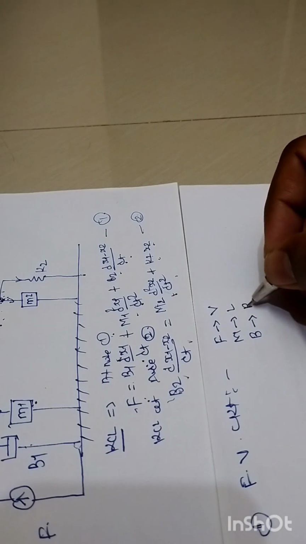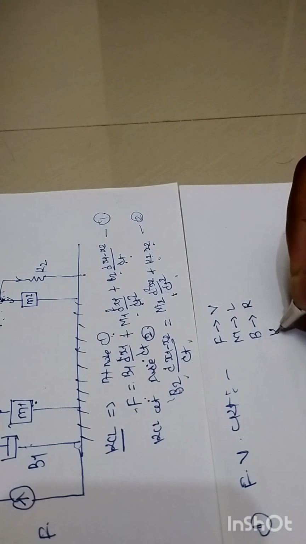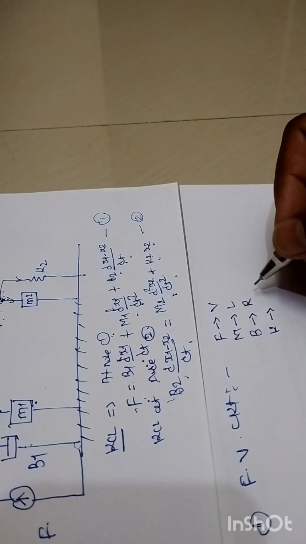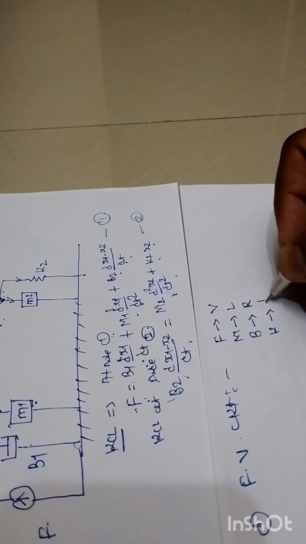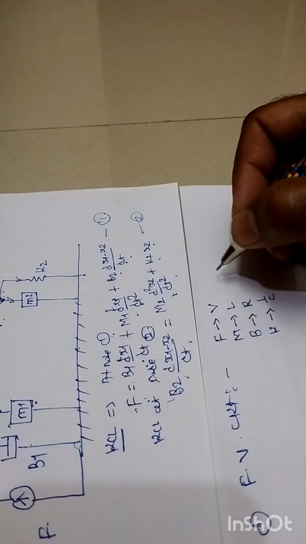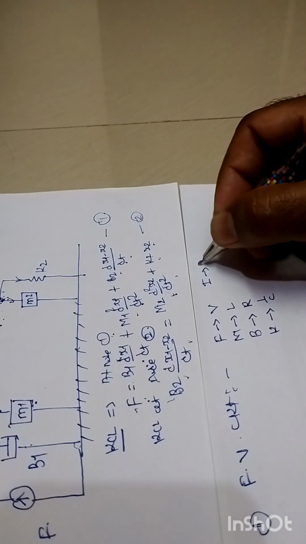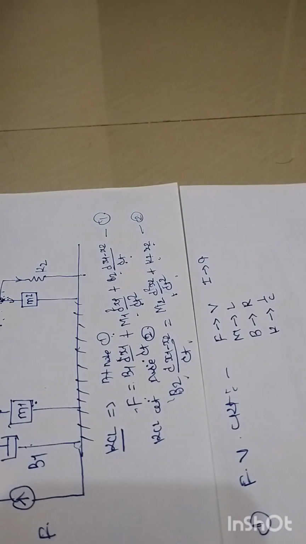That is R. So this B is replaced by R. Similarly, the third element is the spring. The spring is elasticity, denoted by 1 over C, which stands for elasticity or the deformation force. One more important thing here: I is analogous to Q, current is analogous to charge.